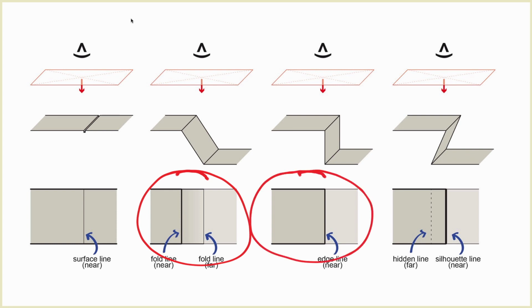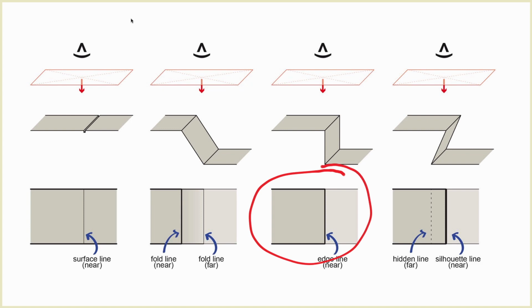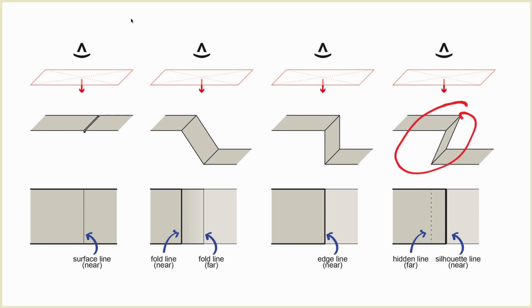This one is where we're looking straight down. There is no slope. So we have one line weight that represents the upper piece and another set of lines that represents the lower piece. So we're seeing what's closer and what's further, and that's it. The last one here is also a good one because in this scenario, this tucks underneath our edge.